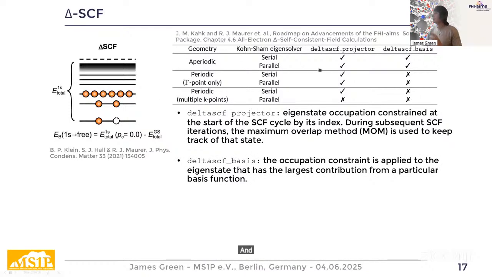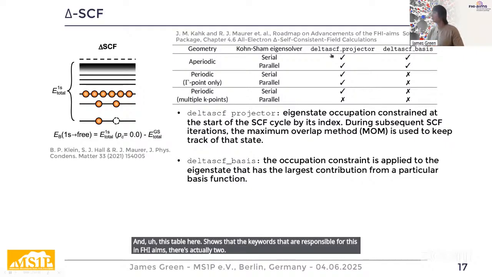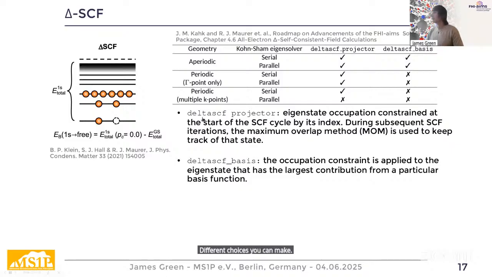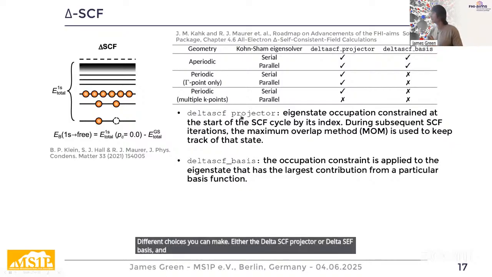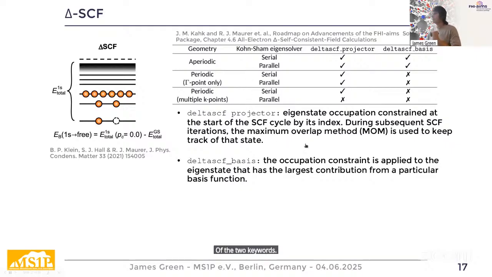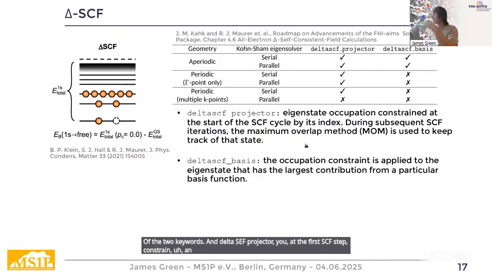This table here shows the keywords that are responsible for this in FHI-aims. There are actually two different choices you can make, either the delta SCF projector or delta SCF basis, and this table shows the availability of the two keywords. With delta SCF projector, at the first SCF step you constrain an eigenstate to have a particular occupation, and thereafter the same eigenstate is kept with the same occupation.